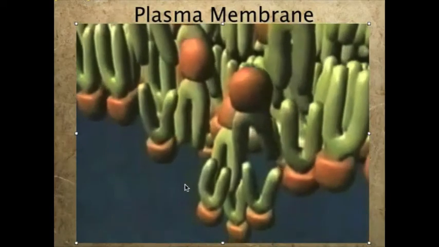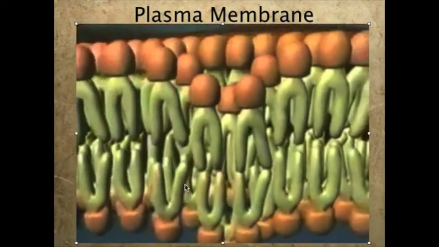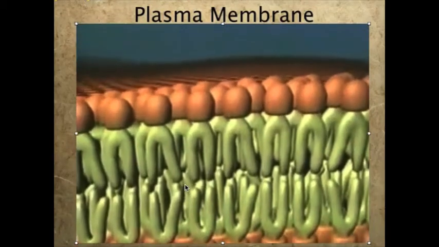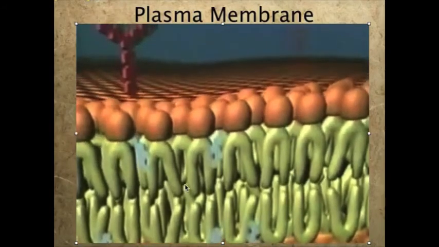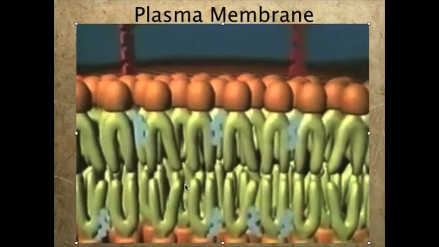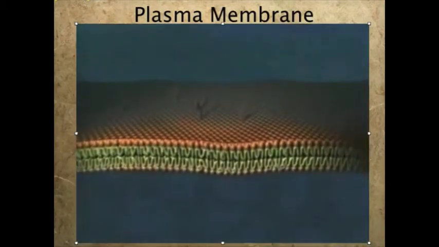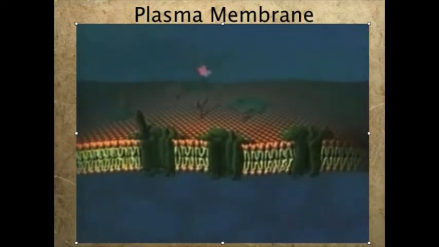The lipid molecules of the membrane naturally assemble in a double layer because their tails repel water as their heads attract it. Throw in some cholesterol and a few carbohydrates and you have the basic structure of a plasma membrane. Within these lipid molecules, we also find different proteins which do various things for the cell.